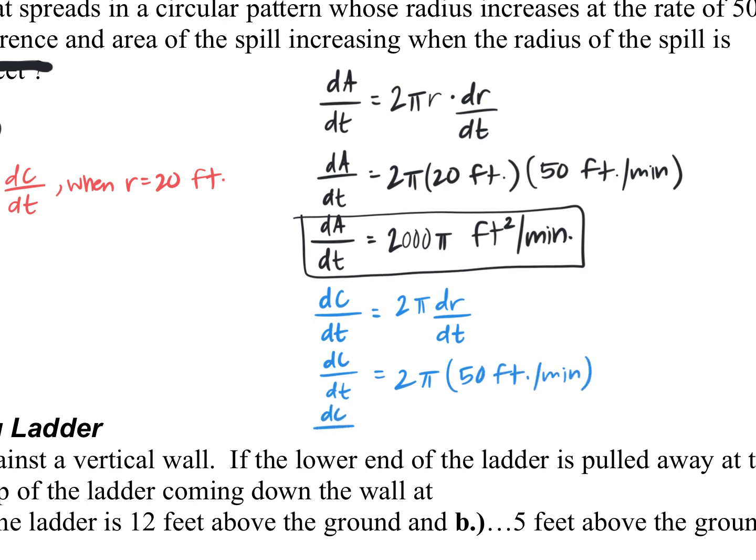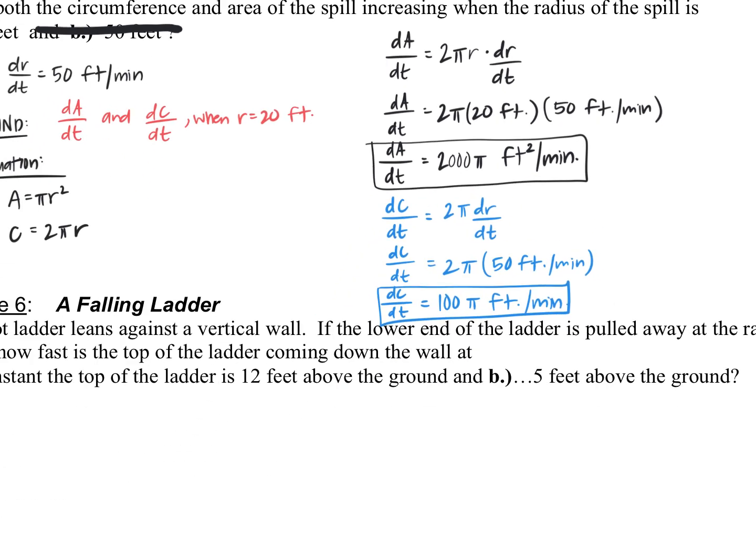So our circumference is increasing at a rate of 100 pi feet per minute. And circumference is not going to be squared, so this feet per minute does make sense. The circumference of the oil spill is increasing at a rate of 100 pi feet per minute.